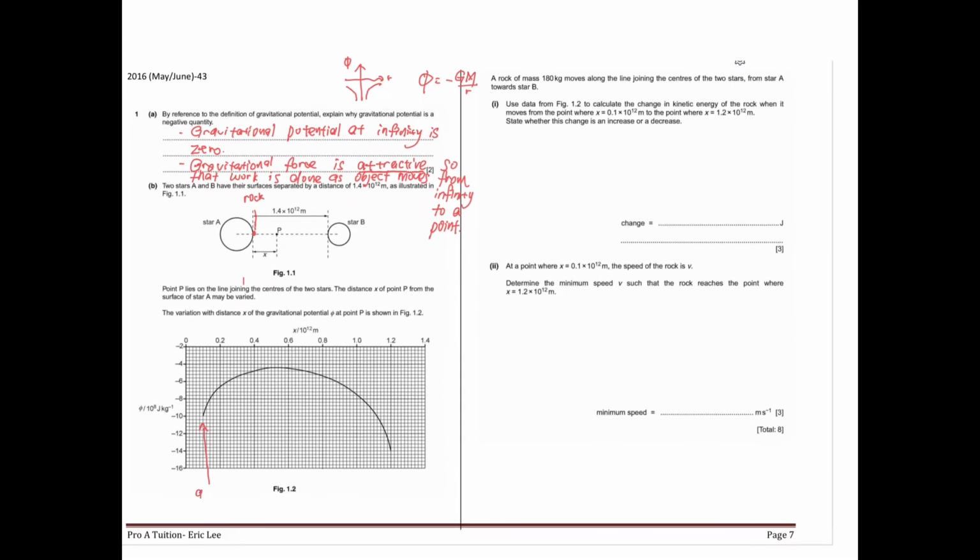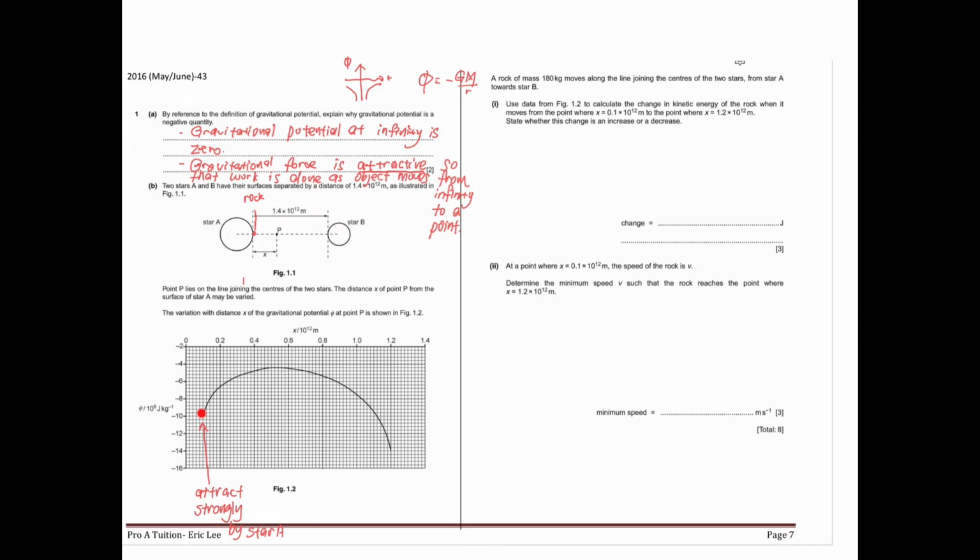At this point, it is attracted strongly by star A. The rock is attracted strongly by star A, and that's why you can see this value is quite negative. So the idea is, the more negative the gravitational potential, the stronger the attraction.